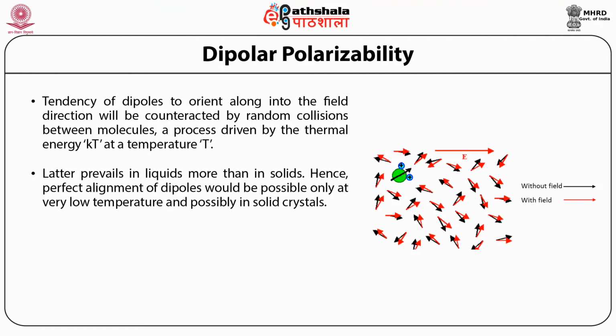Hence, a perfect alignment of dipoles would be possible only at very low temperature and possibly in solid crystals. As a result of intermolecular collisions and thermally induced random movements, the dipoles do not completely align themselves along the field unless the field is extremely high. So basically, the configuration of dipoles looks something like the bottom figure shown in this slide.